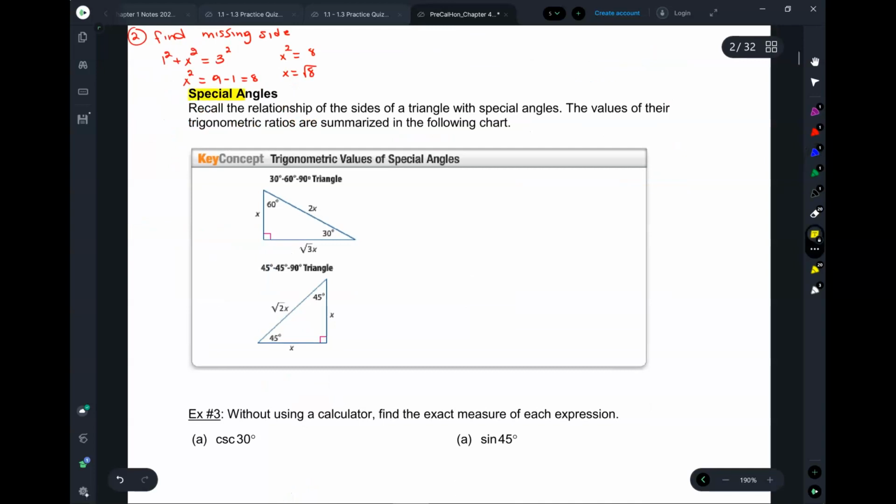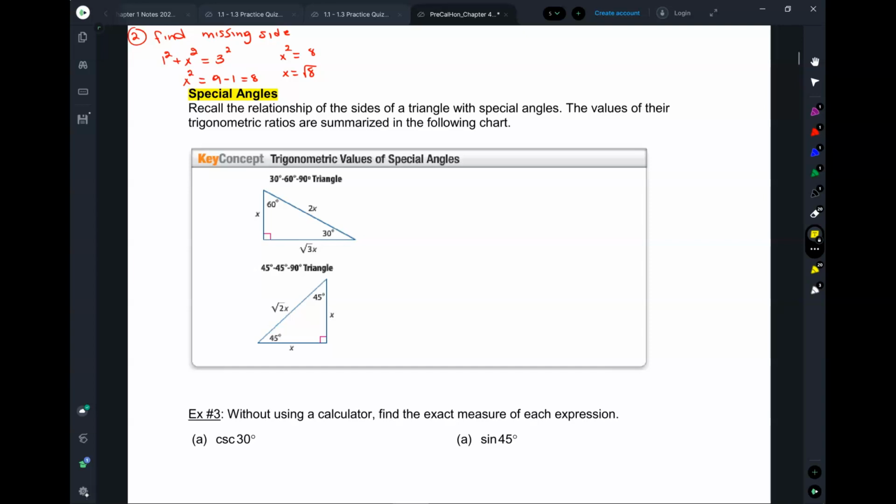So, special angles, right? 30, 60, 90. You guys remember the 30, 60, 90, right? So this is the way we were given, the 30, 60, 90, remember you have three sizes of angles and you have three sizes of the sides. The smaller angle is opposite the smaller side, and everything is based off of that.